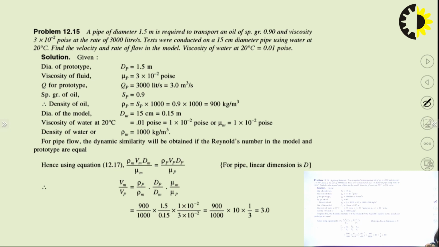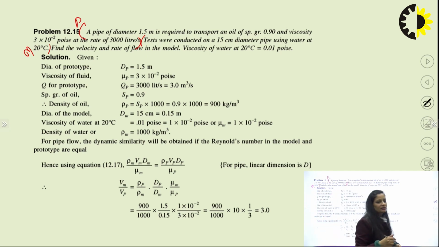This question shows you that there is a project of a pipe of diameter 1.5 meter, and the tests were conducted on a 15 centimeter diameter pipe. That means the first line was related to the prototype, and the second line is related to your model.